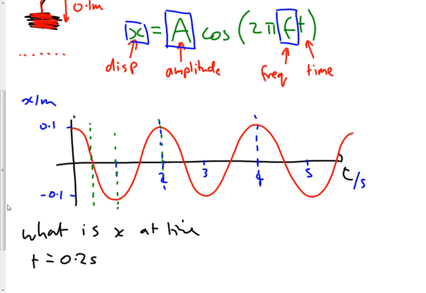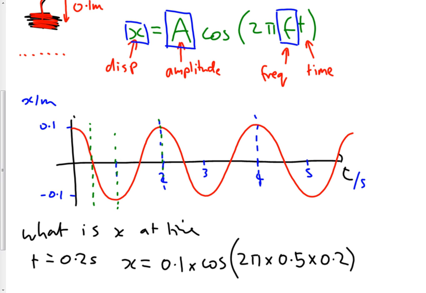We'll say x equals amplitude 0.1 times cos of 2 pi times the frequency 0.5 hertz times the time. They're asking me about 0.2 seconds, so there it is.